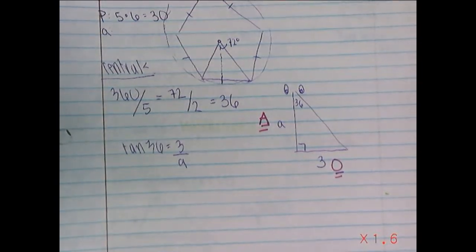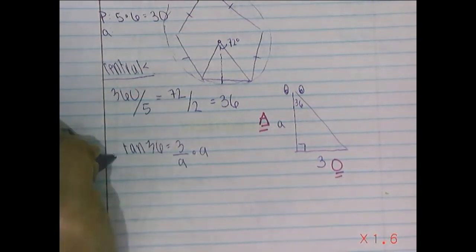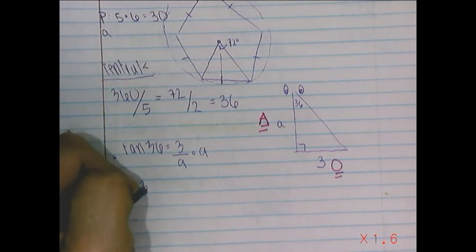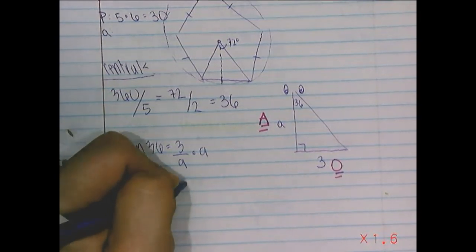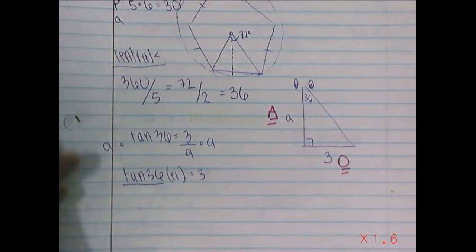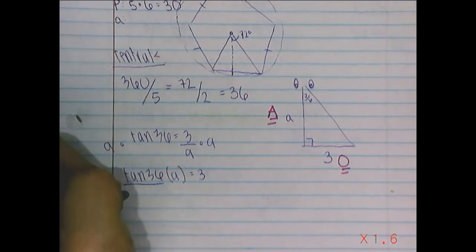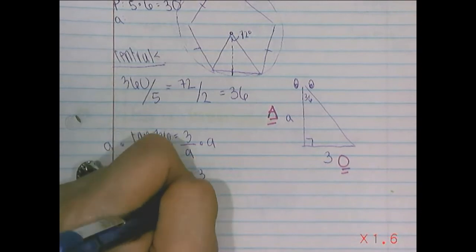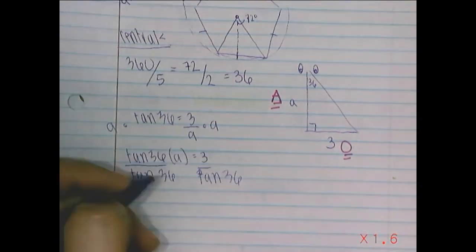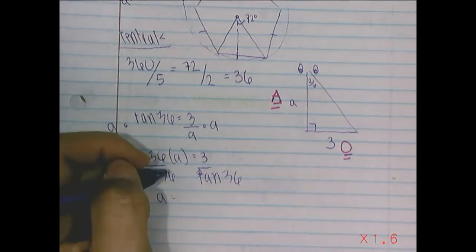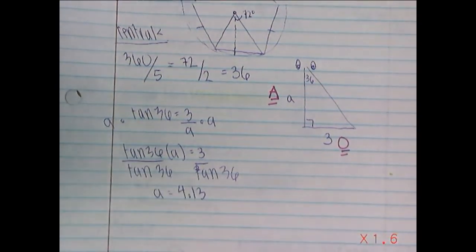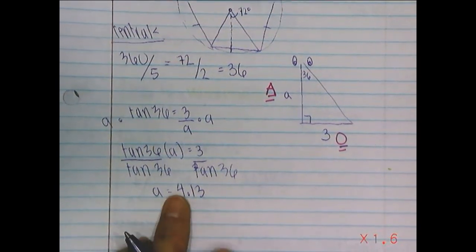When I go ahead and solve, I multiply both sides by A, and I end up with tangent 36 times A equals 3, and then I have to divide by tangent 36 on both sides, and I end up with my apothem equals 4.13. So now I know my apothem.